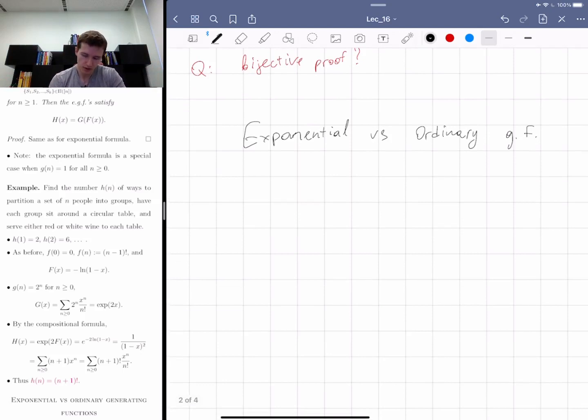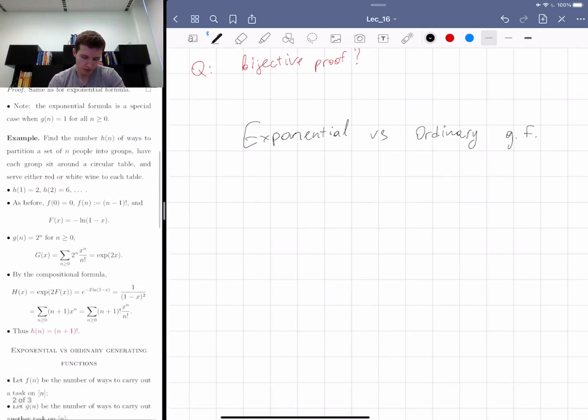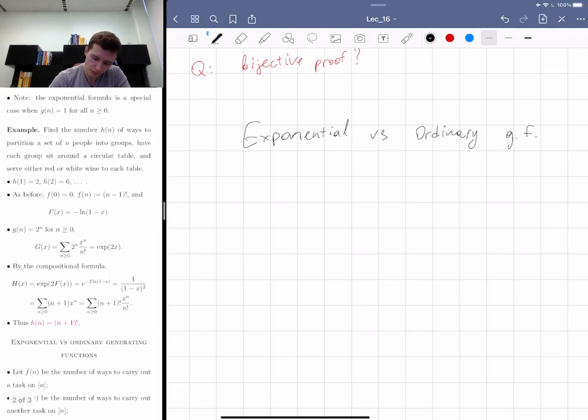Let's say you have two sequences, f of n and g of n. And I'm going to try to explain the combinatorial interpretation.